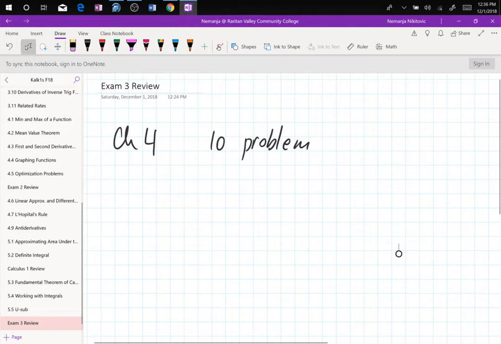So Chapter 4, 10 problems, and we are focusing on its applied derivatives, right? There are a few things that you really need to know. We start with the min-max problems. That's 4.1. Then there's the mean value theorem.